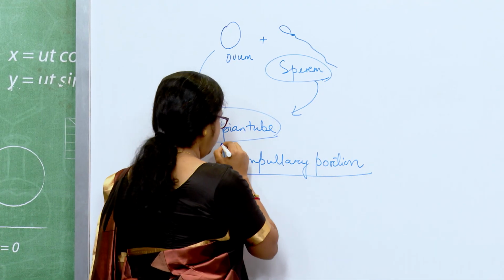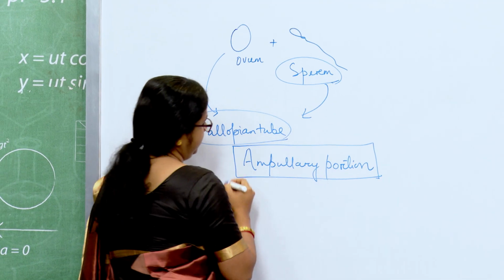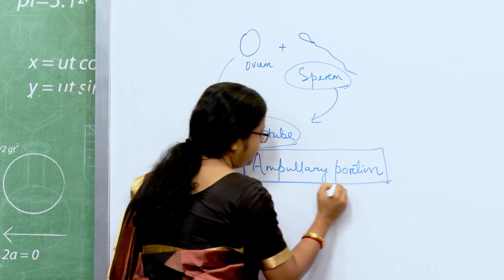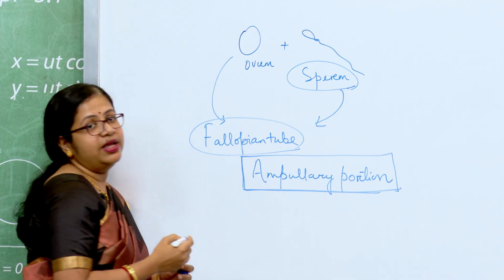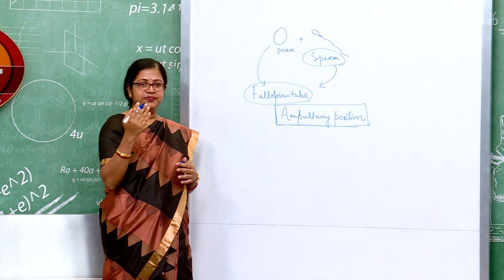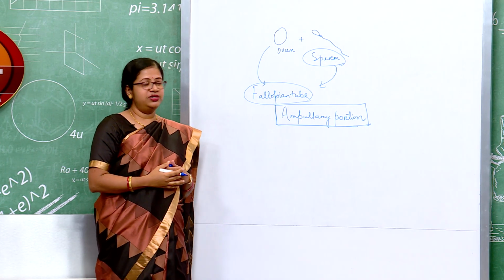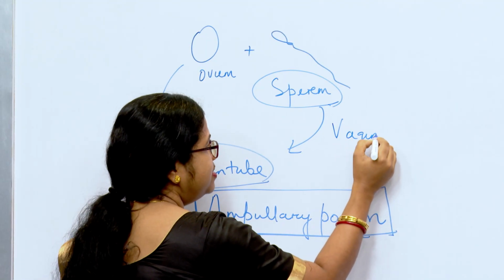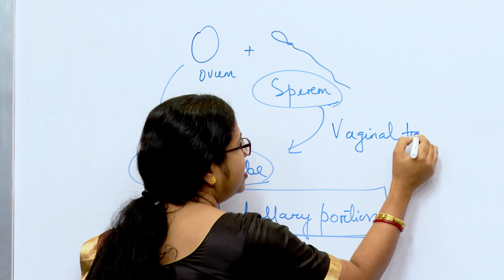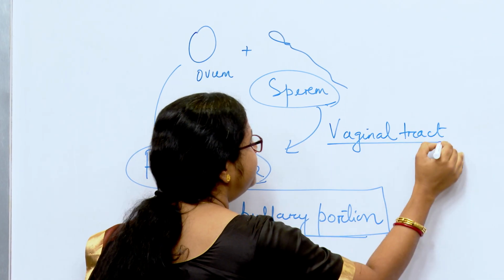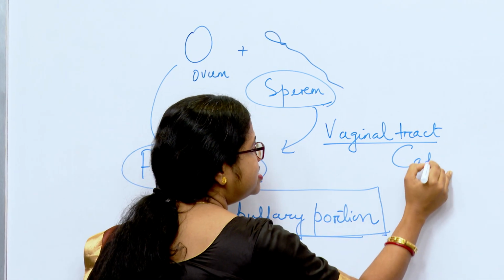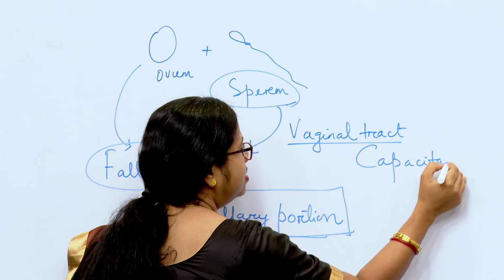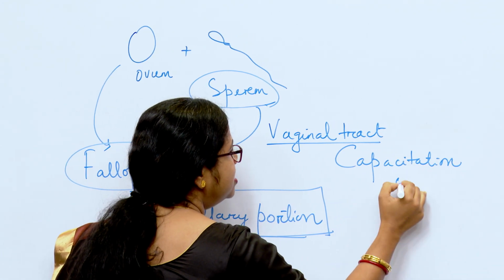Ampulla is the first proximal part where your sperm will enter travelling via the entire vaginal tract. As the sperm travels through the vaginal tract, what happens is the capacitation of the sperm.